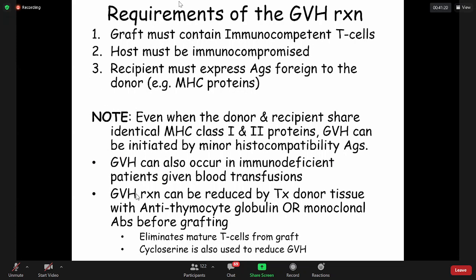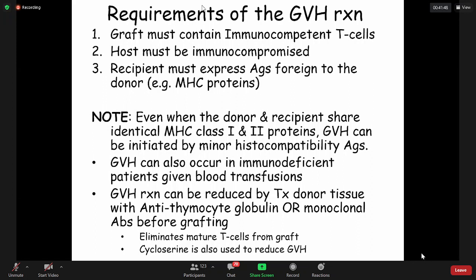So that's basically what we have talked about, requirements for you to have a graft versus host reaction. You must have a graft that is immunocompetent and a host that is immunocompromised, and the recipients must express antigens foreign to the donor, and then you have a problem there.